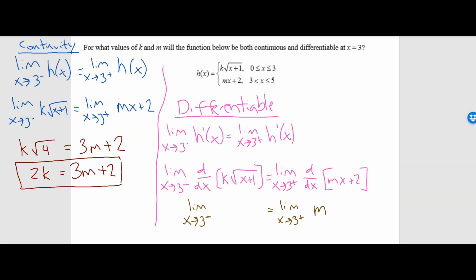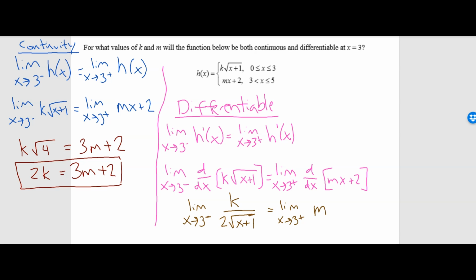The derivative here is going to be k over 2 times the square root of x plus 1. So I encourage you to do that derivative work on your own, and then see if you can figure out how we got that derivative down there. If you end up getting confused at that step or on taking the derivative, you can always come to me with a question on that.